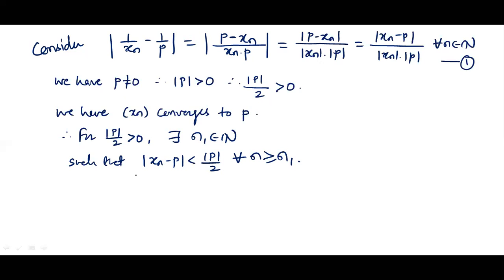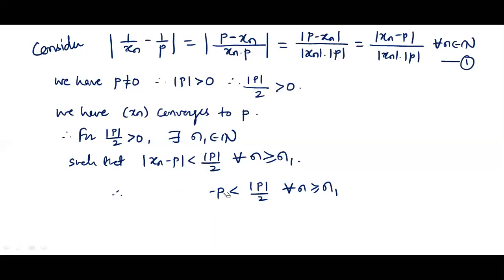Okay. So therefore, we can write this as minus mod of p by 2 less than xn minus p less than mod of p by 2 for all n greater equal n1.